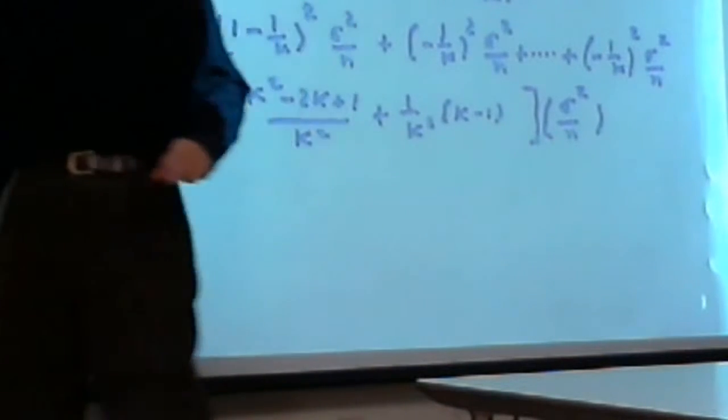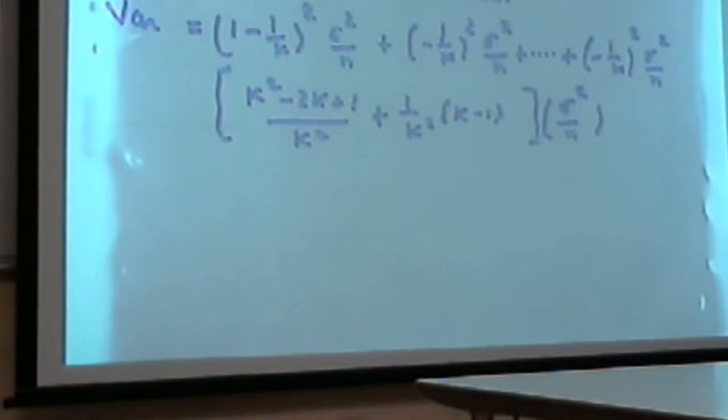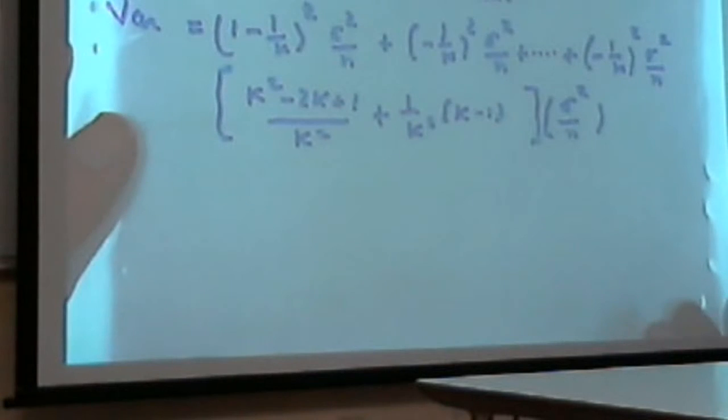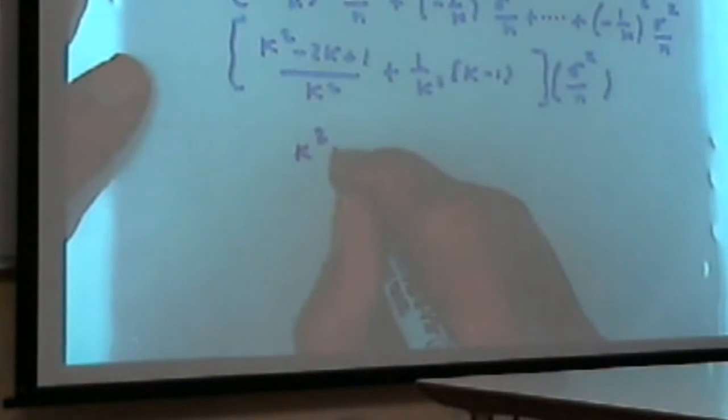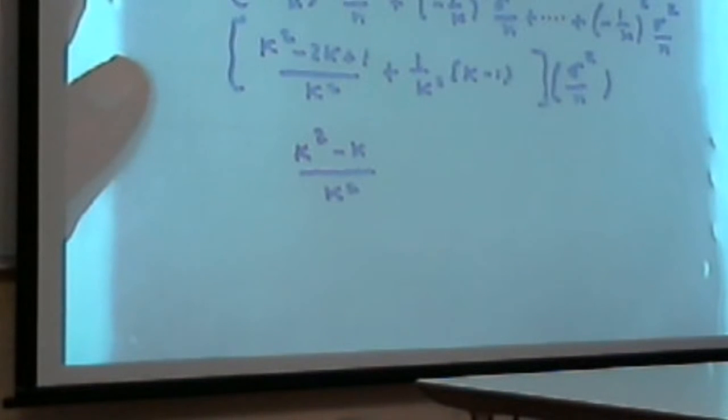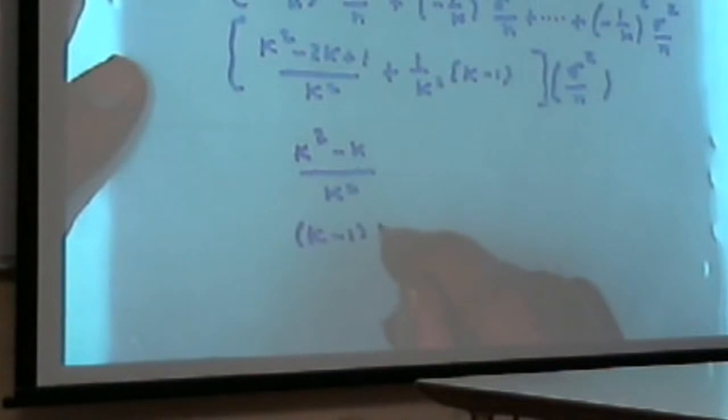So doing a little bit of cancellation there, I have k squared minus k over k squared, which is k minus 1 times k over k squared, which is k minus 1 over k.